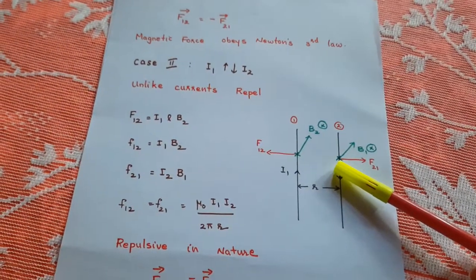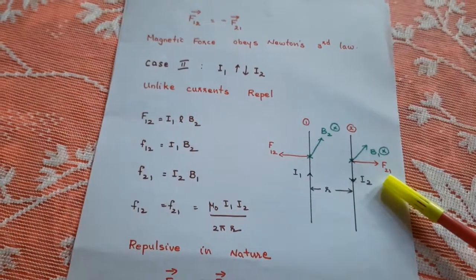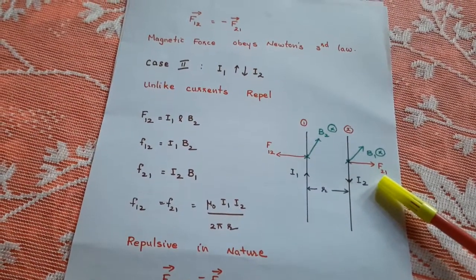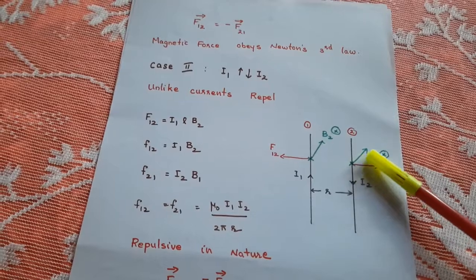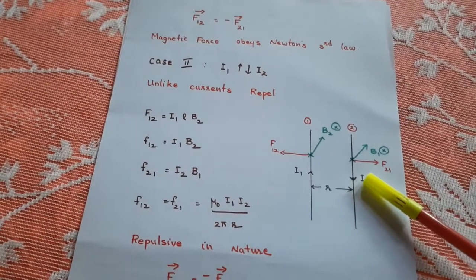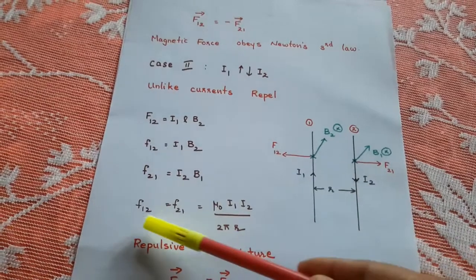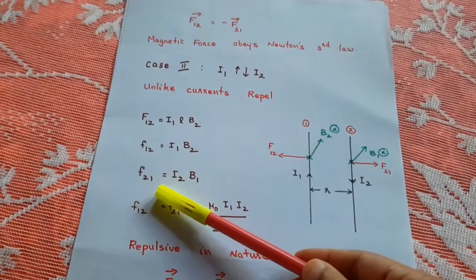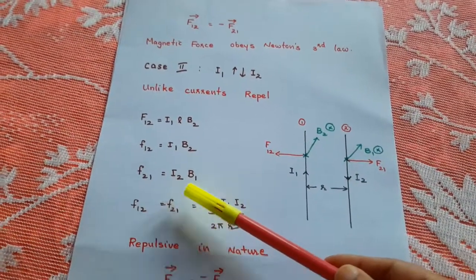Similarly, the second conductor will experience a force F21 as it is kept in the field produced by the first one, that is B1. The force per unit length on the second conductor, that is F21, is equal to I2 B1.